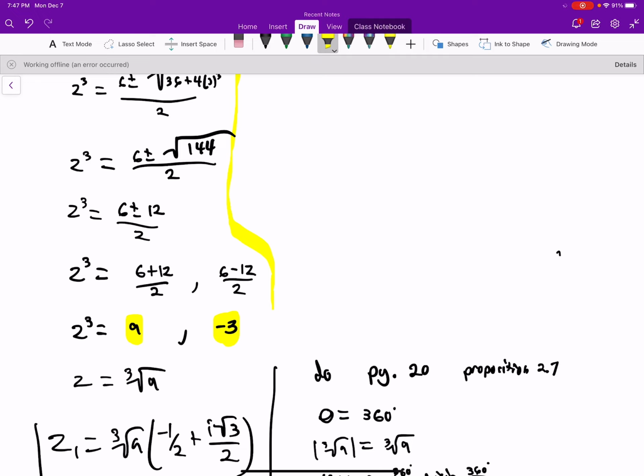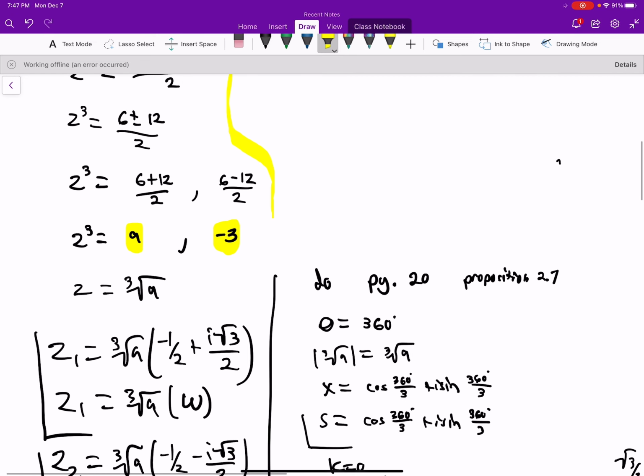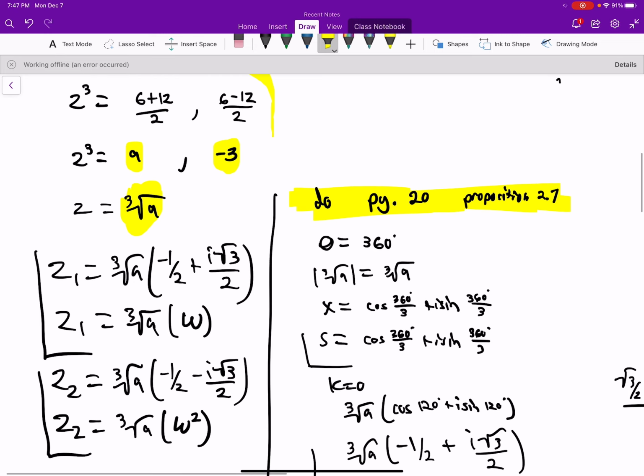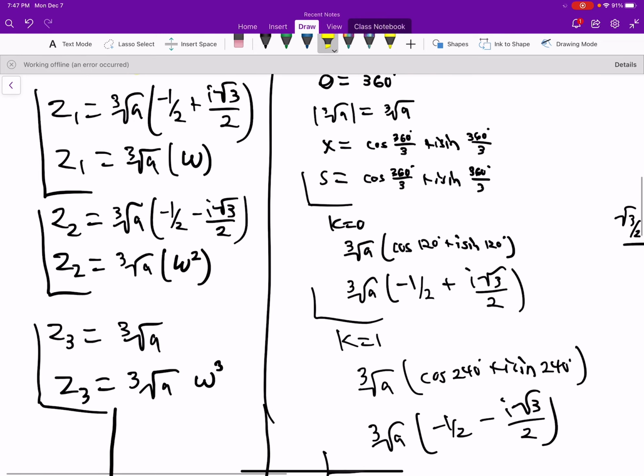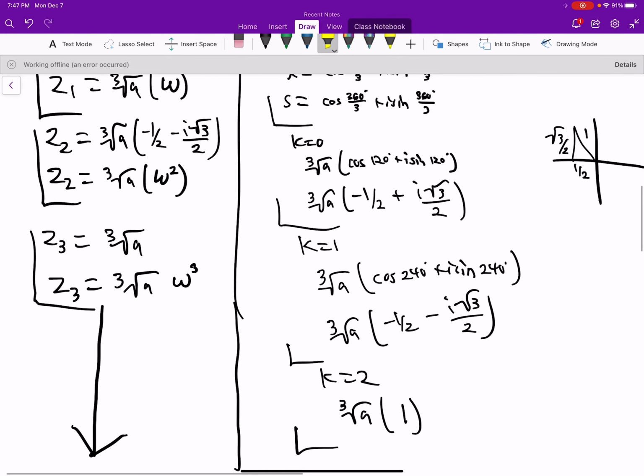Okay, so I chose 9 because it looks simpler to me. Took the third root of both sides and got this. Now I went ahead and did my page 20 proposition 2.7 on this, and then I got my 3 values, when k is 0, when k is 1, and when k is 2.